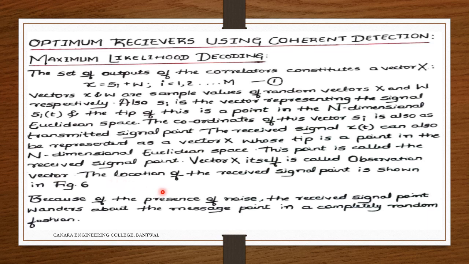The location of the received signal point is shown in figure 6. This is coming up in the next slide. Because of the presence of noise, the received signal point wanders about the message point in a completely random fashion.